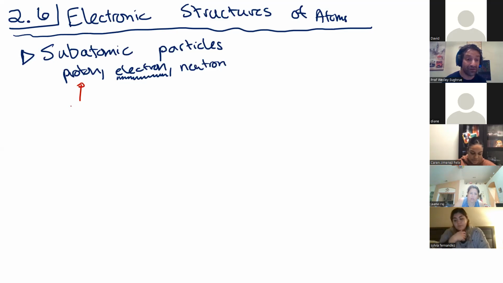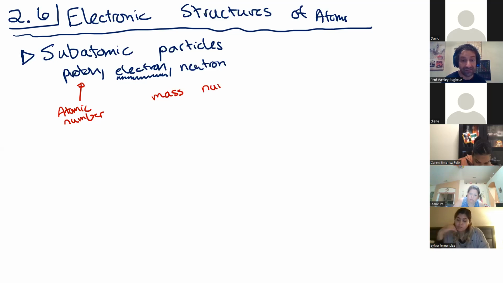The proton is associated with the atomic number. And then there's the mass number associated with an atom as well, which is equal to the number of protons plus the number of neutrons.